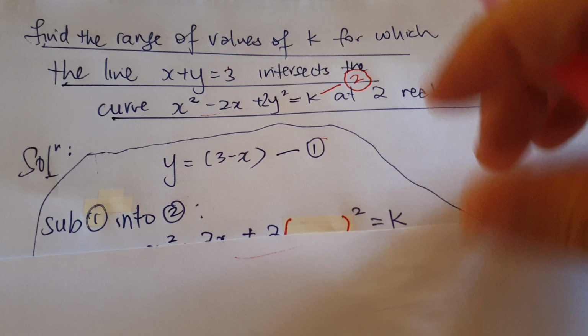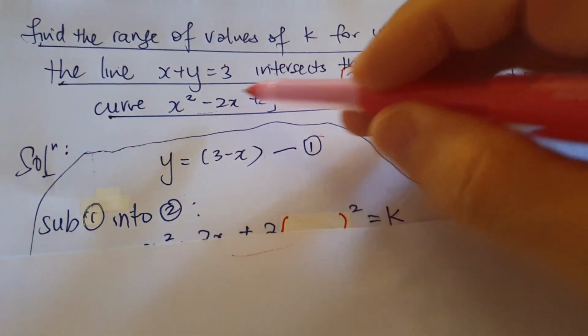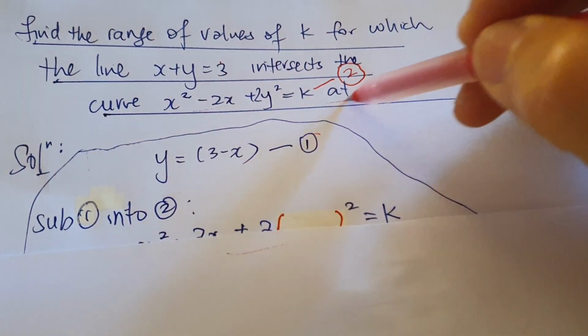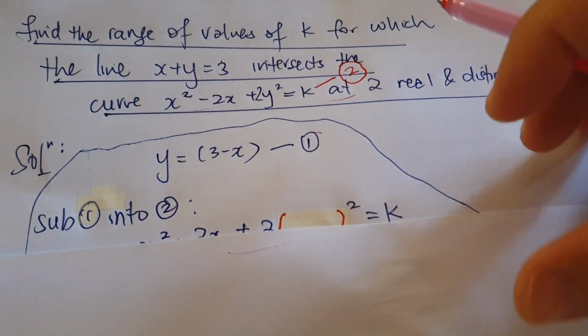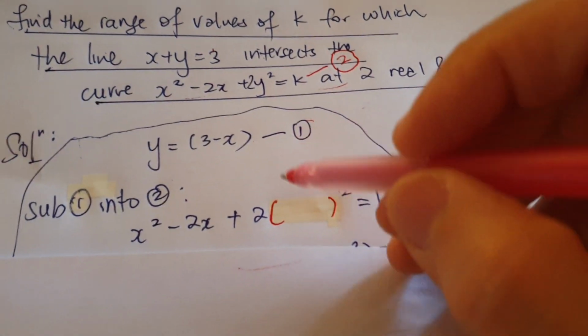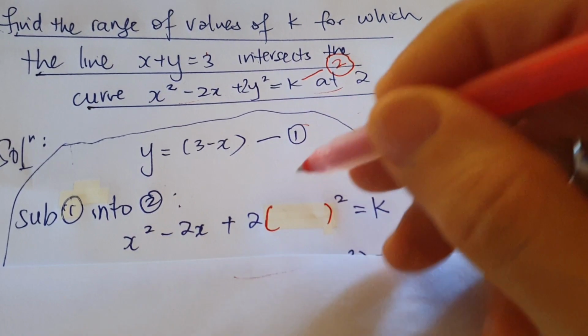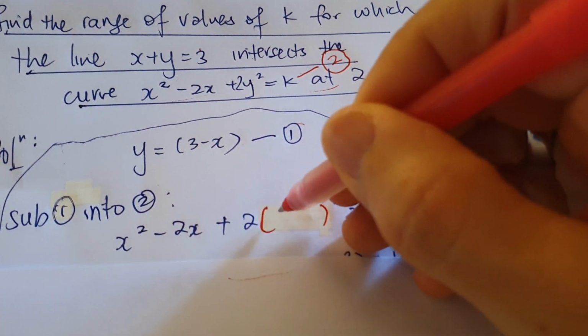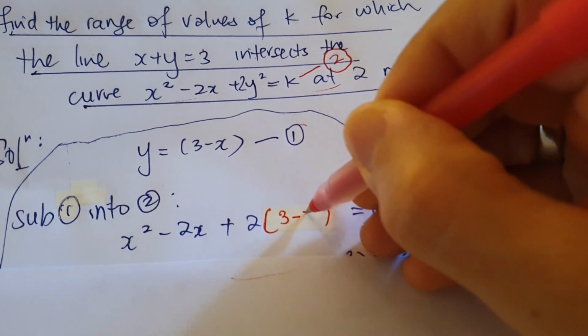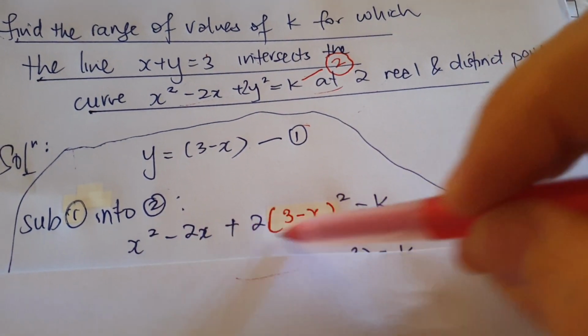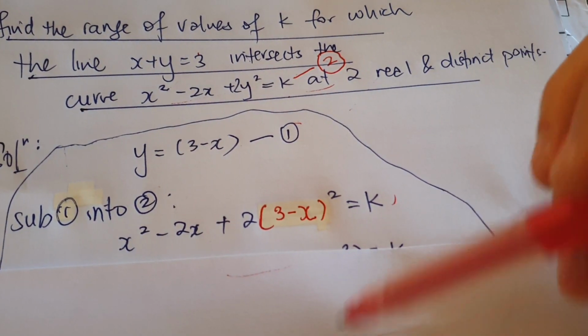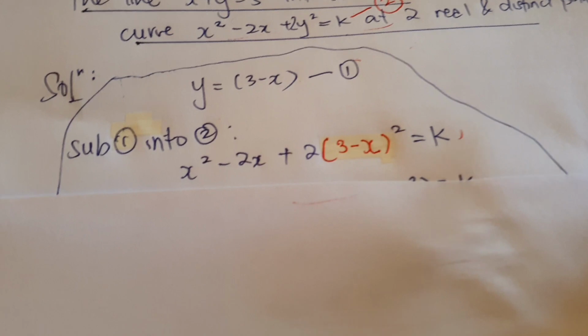Then your next step you can just say sub 1 into 2. Then you don't have to copy this and risk copying it wrongly. What you need to do here now is to show this substitution of 3 minus x into equation 2. Make sure you copy correctly, otherwise all your subsequent efforts will be wasted.